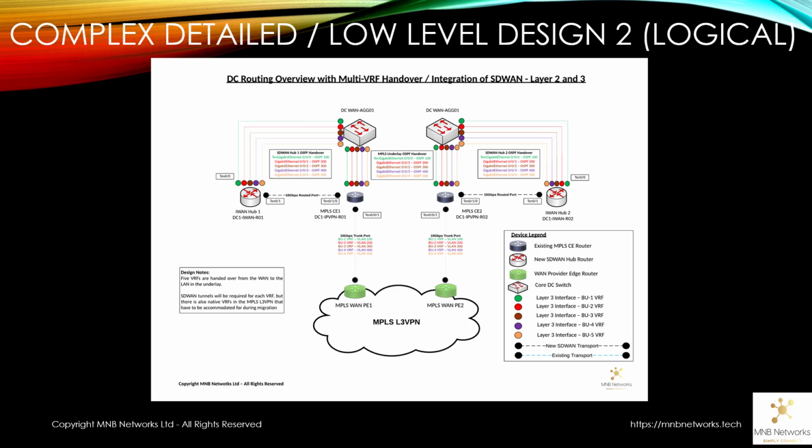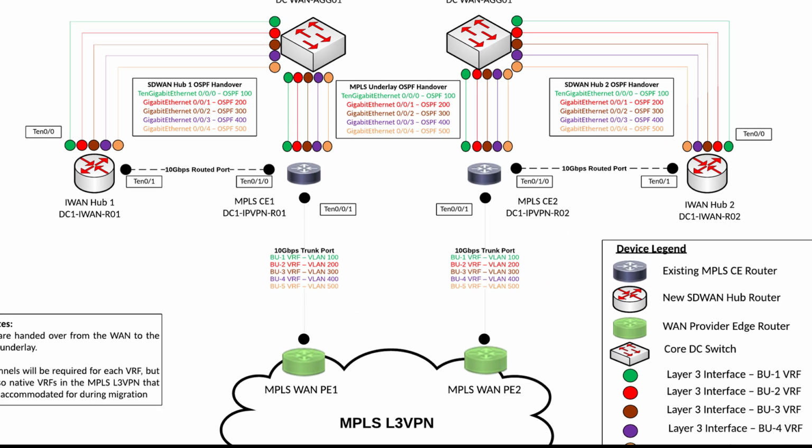Okay, so when we zoom in to this handover a little bit more, and if you look at the handoff between 10 gig 0/0/1 on the MPLS CE1 DC1 router, you notice that we have business unit 1 VRF, which is in VLAN 100.